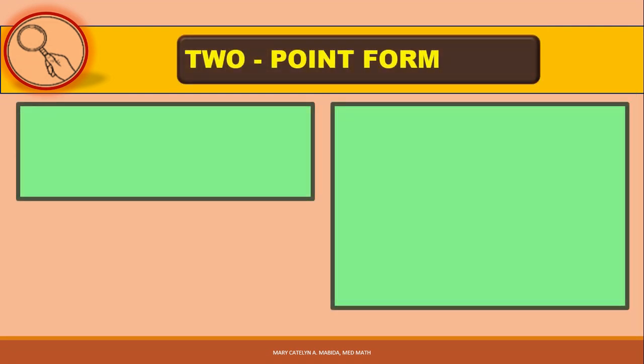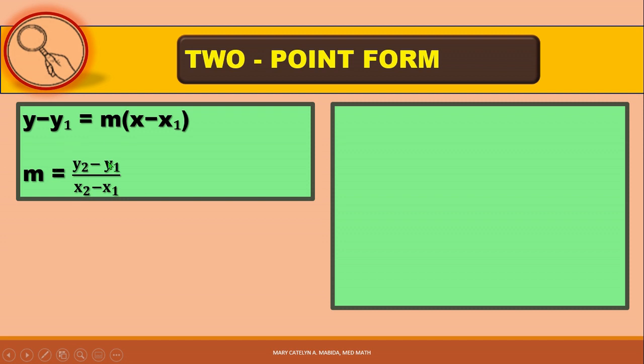Now let's talk about the two-point form. In getting the equation of the line given any 2 points, use the two-point form. Y minus y sub 1 is equal to m times the quantity of x minus x sub 1, where the formula in getting the slope is m is equal to y sub 2 minus y sub 1 over x sub 2 minus x sub 1. Remember that this is the formula of the slope, which is the change in our y over the change in our x.